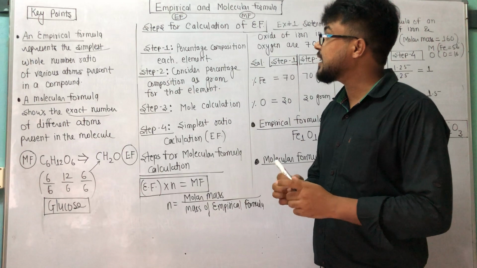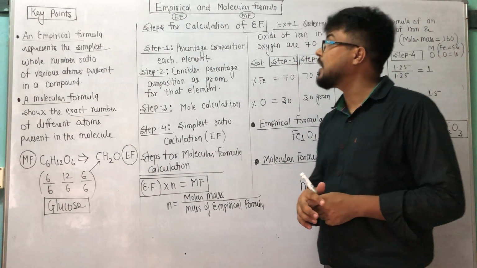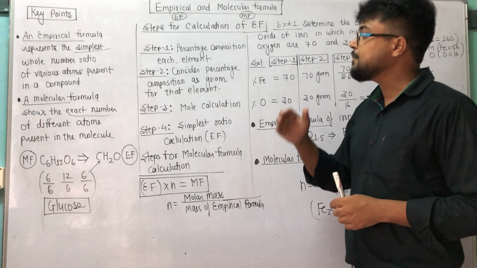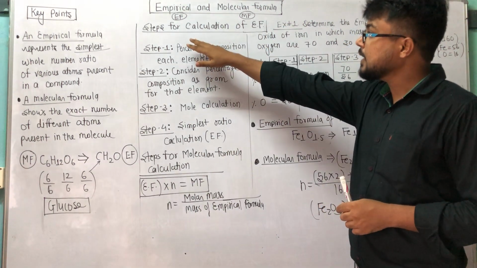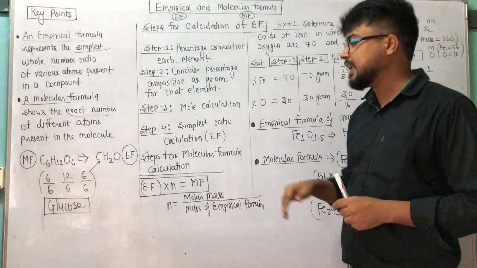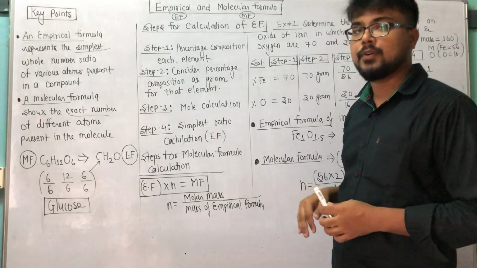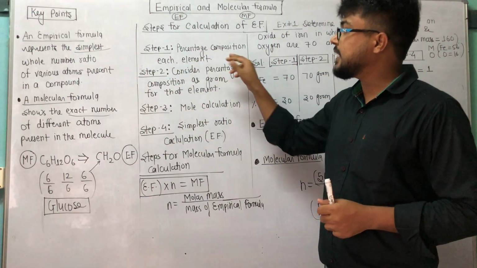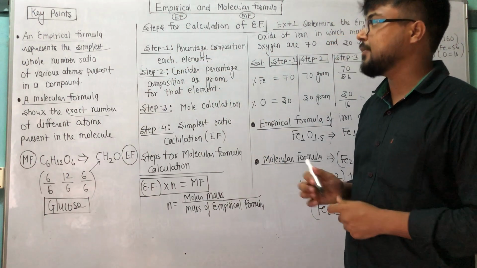Now the question is how we can calculate the empirical formula or molecular formula. We have certain steps for calculation of the empirical formula, and then we will decide how we can calculate the molecular formula, correct? So first of all, step 1: percentage composition of each element.